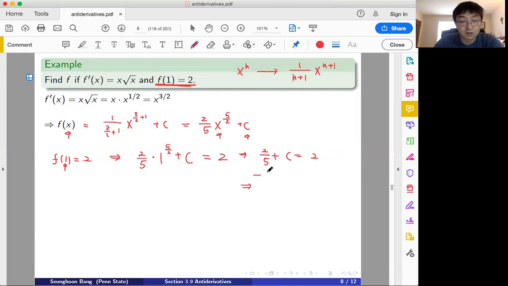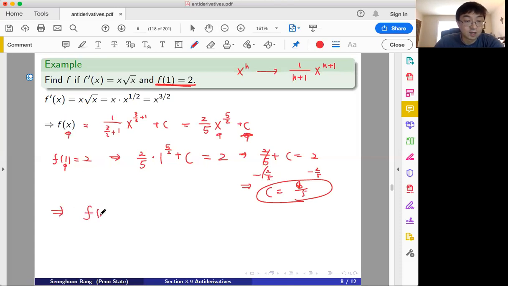You subtract 2 over 5 from both sides, cancelled, so c equals 8 over 5. You can plug this value into here, so we can find the final answer.